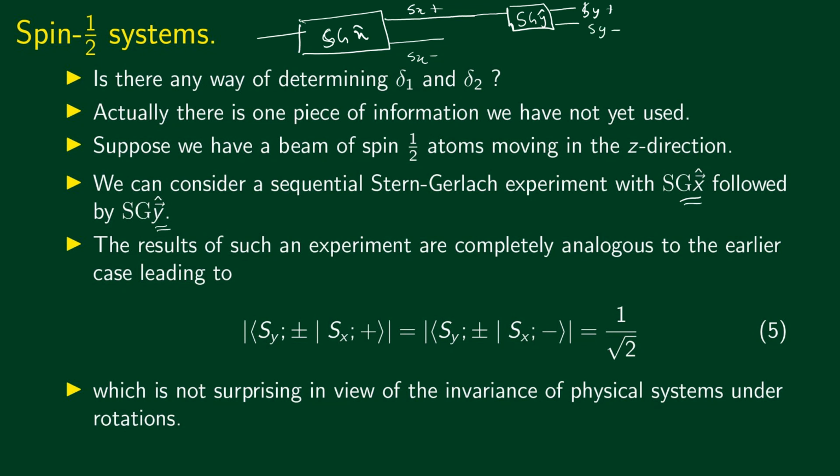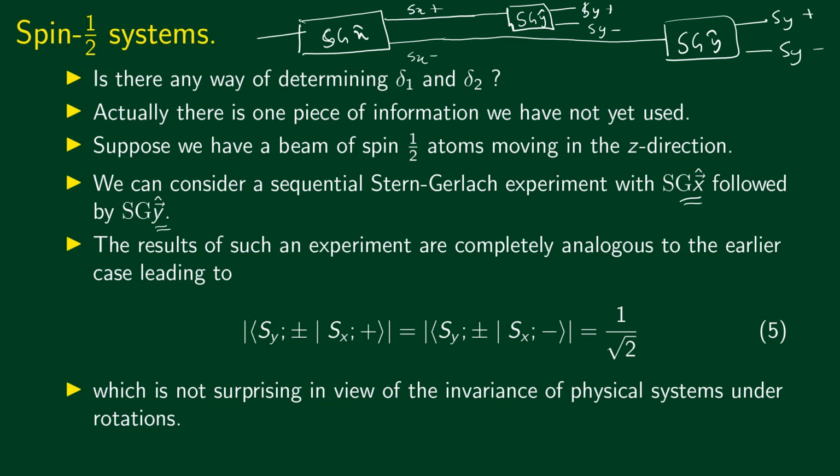The same thing happens if I feed the Sx minus beam into an SG y hat apparatus: I get a beam characterized by Sy plus and another characterized by Sy minus.